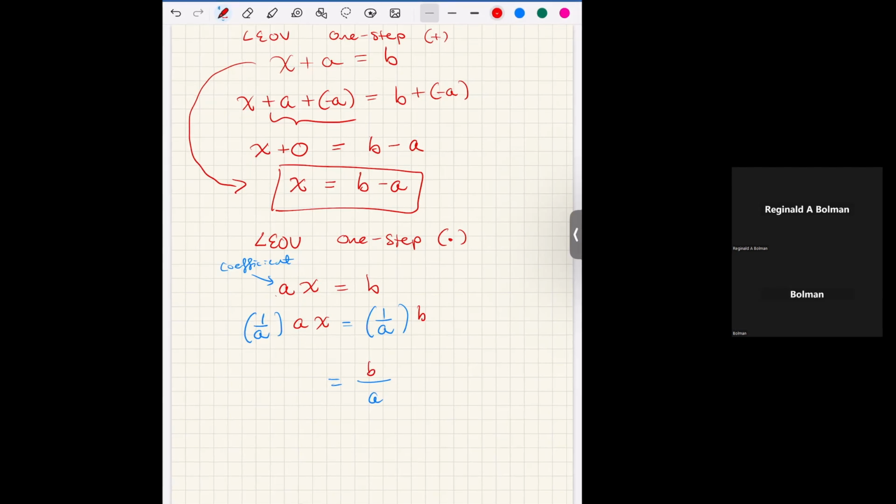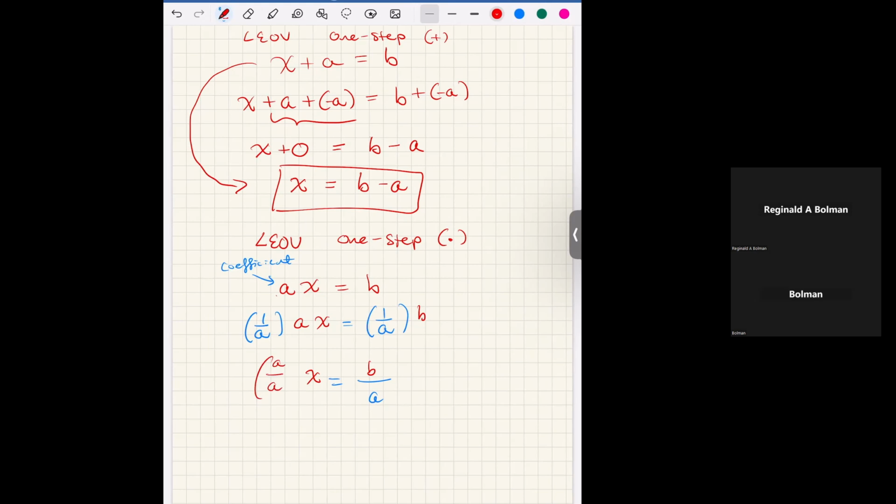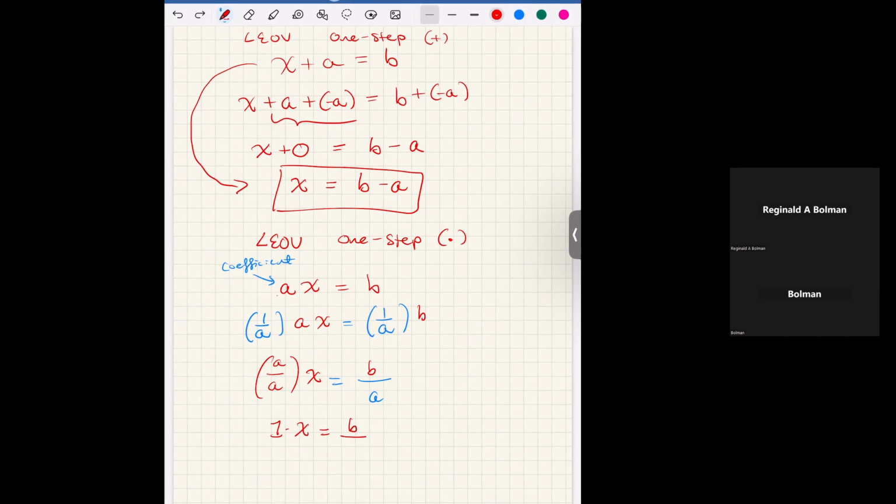Because we don't know what b is and we don't know what a is, that's pretty much all we can do. But what's interesting is on the left side of your equation, you've got a times its inverse, which we know is just a over a. And so everything's going to divide out. You'll have a divided by itself, which is 1. And 1 times x is just x. So you'll have x is equal to b over a.